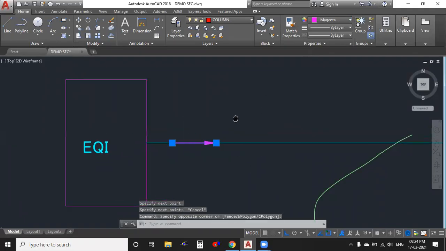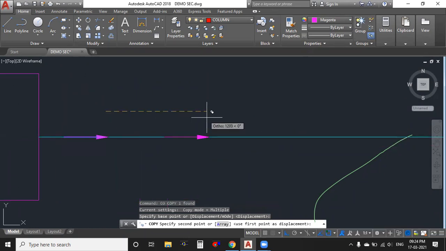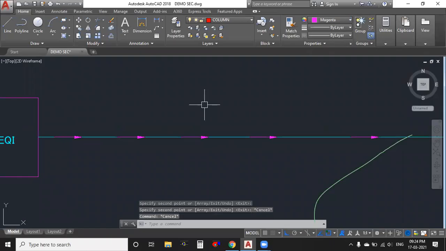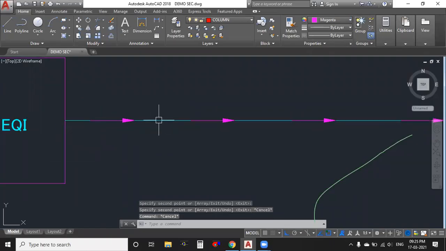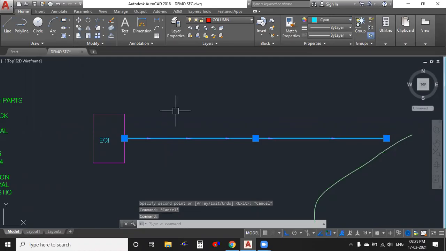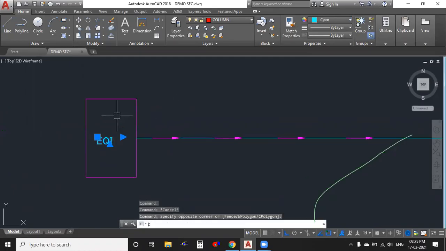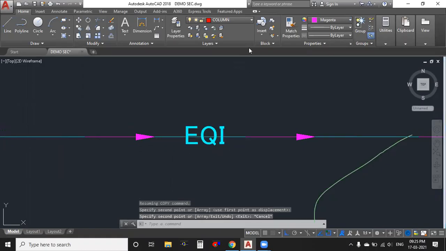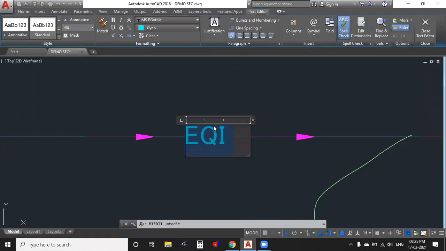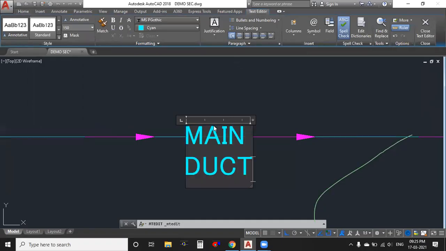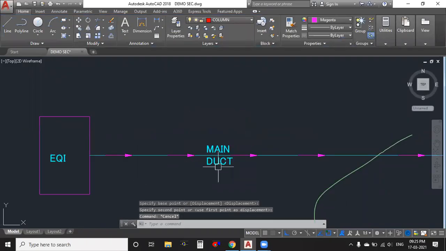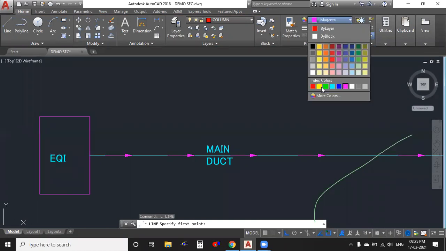Right. From my equipment, air is going towards this way. Here, this is called the main duct. So here we have the main duct, and for the main duct we have a number of branch ducts.